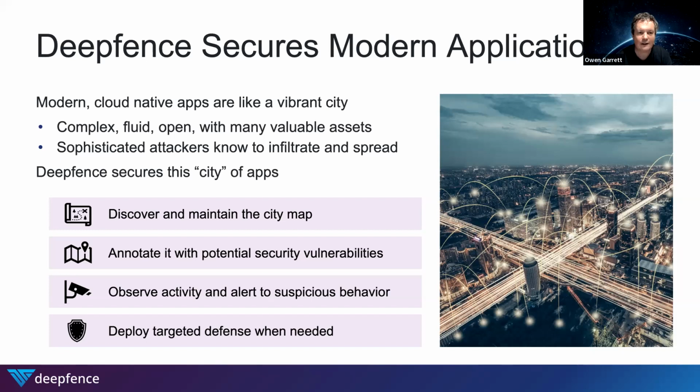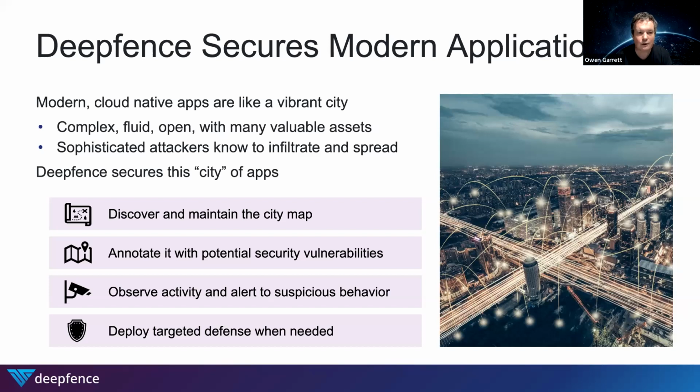We then interrogate those assets, identifying potential security vulnerabilities, whether it's an old Log4j module or an Apache Struts module that's vulnerable, or anything else which, sourced from over 50 different threat feeds, we identify as a vulnerability. So we give you a map of what's in the city and where the risks exist.